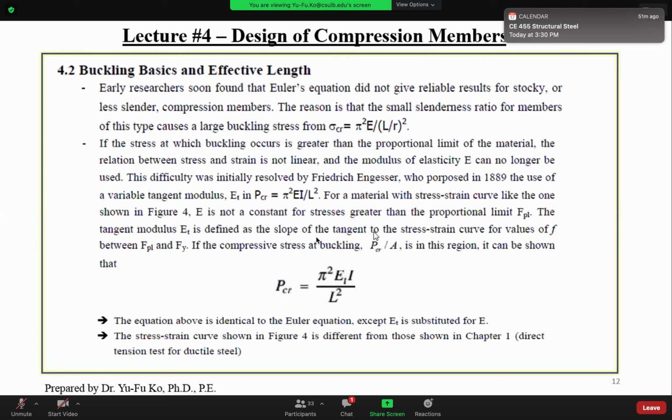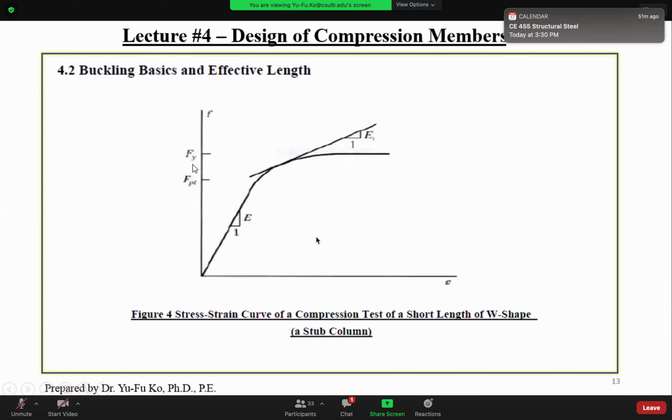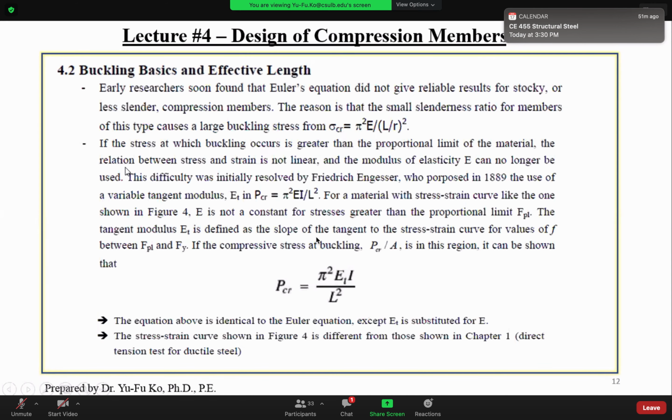If the stress where the buckling occurs is greater than the proportional limit of the material, which is the Fpl you just asked about, the relation between stress and strain is not linear anymore.